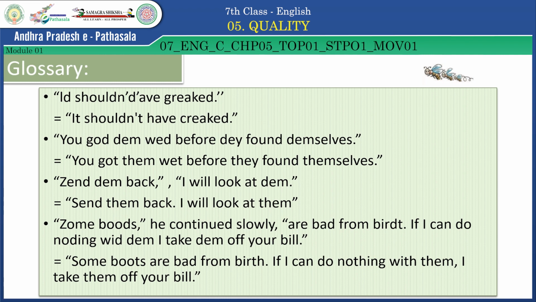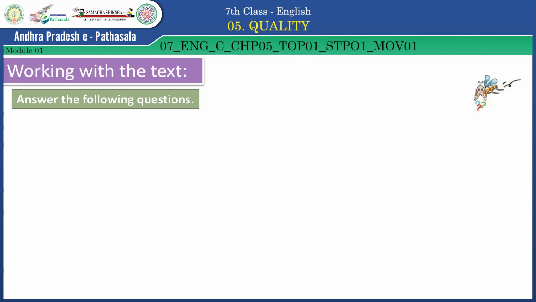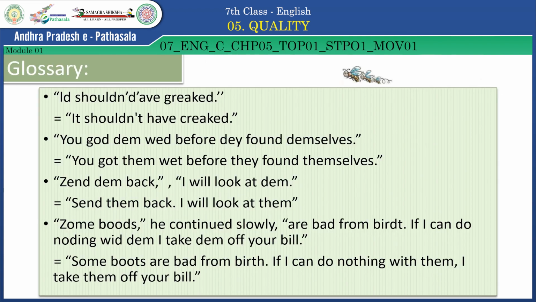The substitution of th with d or t sound, as seen in creaked and dove for have, reflects the difficulty German speakers may have in pronouncing the th sound. The alteration of vowel sounds, such as beautiful and brother, is another characteristic of a German accent.